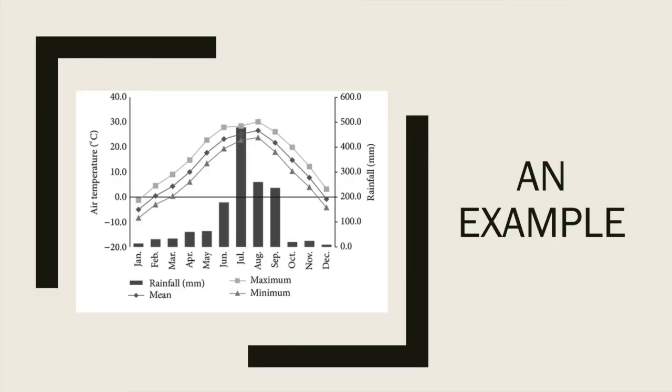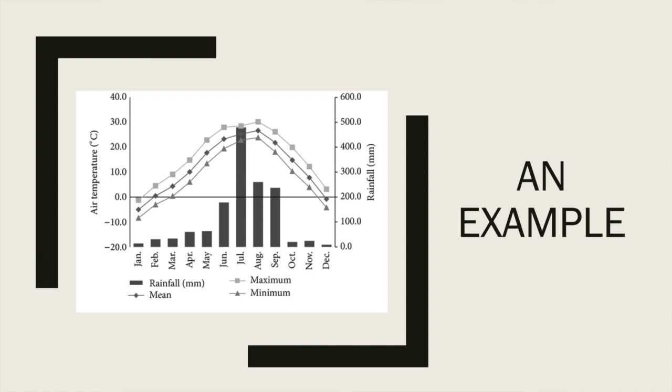Well, here's an example. If you look to the left of that graph, you can see it says air temperature, and to the right it has rainfall, so the different axes have got different information on them. All right, and then of course the x-axis has got the months.